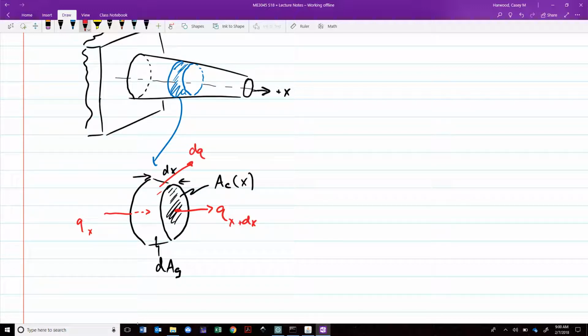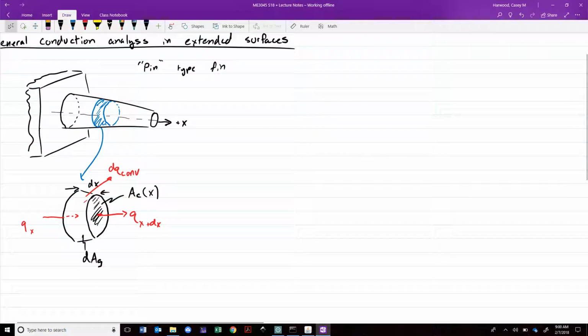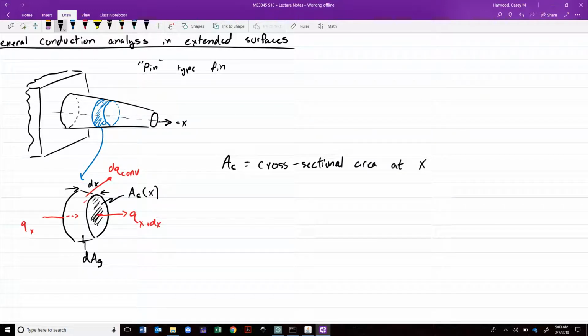We'll say this is dq convective. And for the sake of completeness, we'll go ahead and define Ac, the cross-sectional area at x, and dAs, the differential exposed surface area.